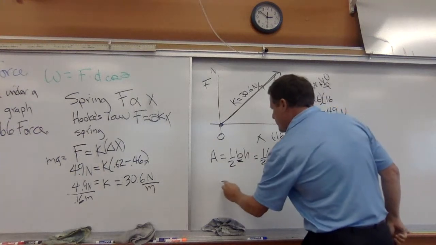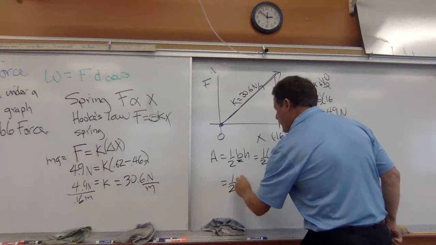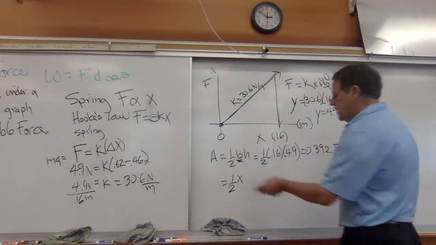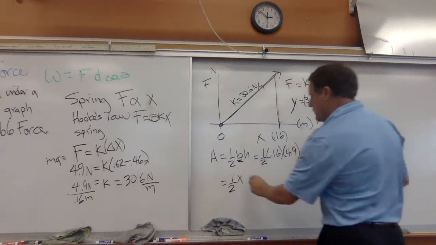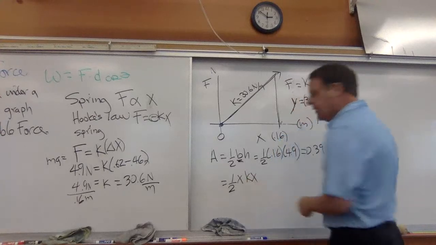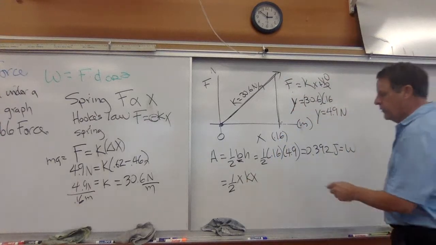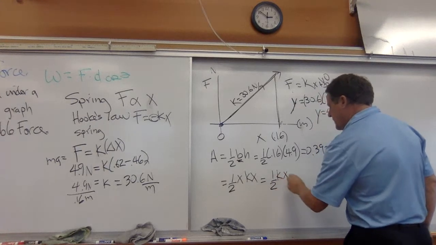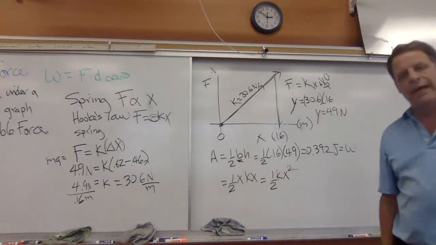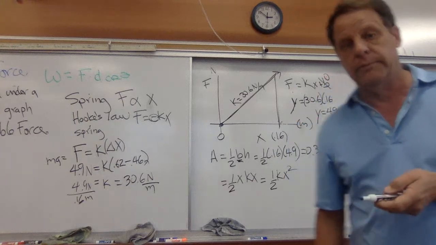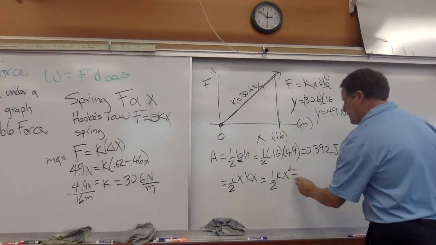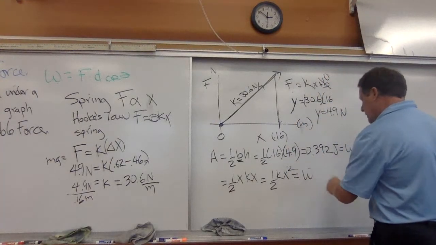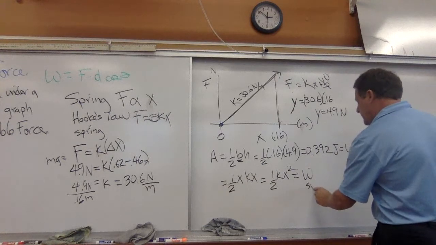So now we can have 1/2 of x, that was our base, times our height, which was kx. And this is going to be 1/2 of k times x squared, 1/2 kx squared. And this is equal to the work done by a spring.